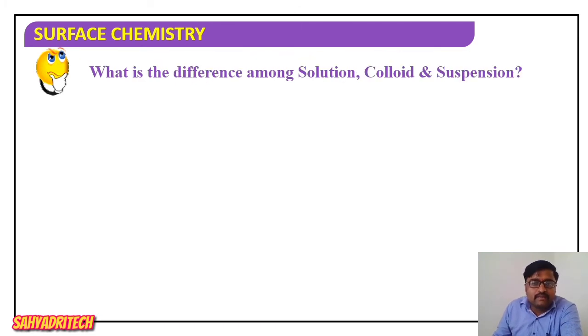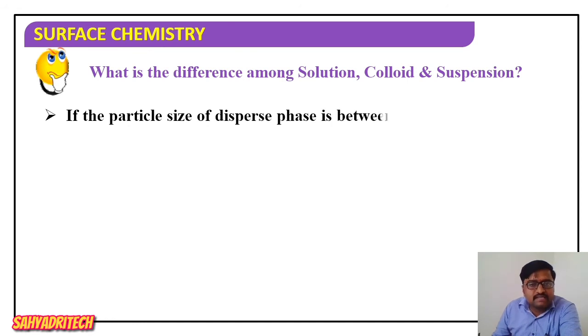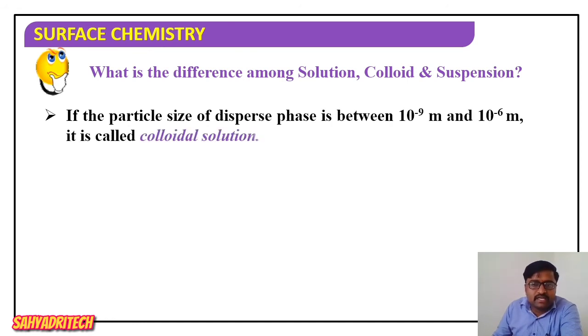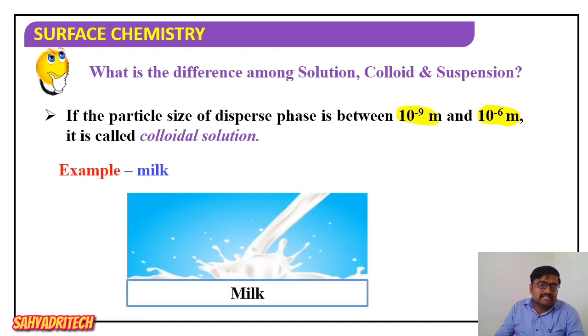Then if the particle size of the dispersed phase is between 10 raised to minus 9 meter to 10 raised to minus 6 meter, such solutions are called colloidal solutions. What is a well-known example I said? Milk is an example for a colloidal solution.